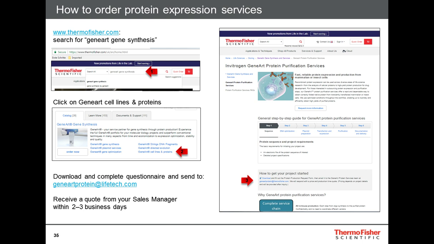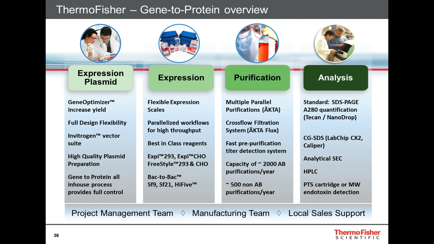On the website that you reach then, there's a small download button that allows you to download a request form, which you can then email to the given address. That's basically it. On that form, you can enter the sequence or the accession number and what purification method you need, what yield you need, and so on.